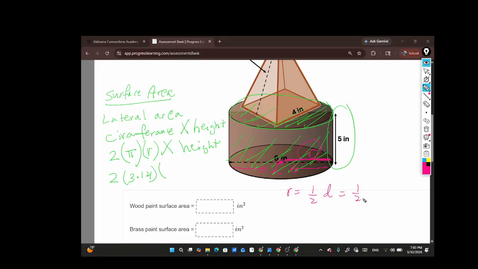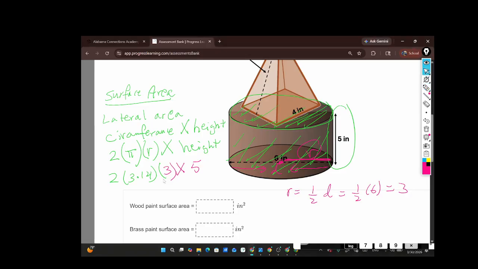So it will be half of 6, which is equal to 3. So now 2 times 3.14 times 3 times the height, which is 5.